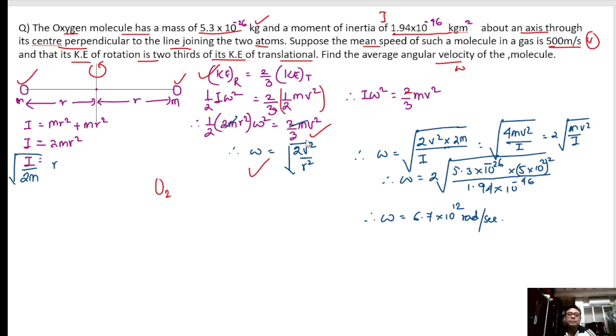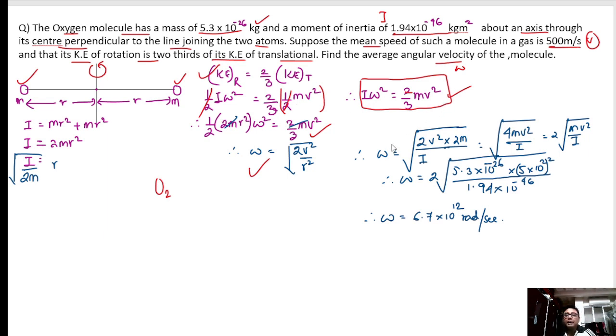So from here please watch one thing. What we are getting from here is I omega square coming 2/3. If I cut half and half, I omega square is this.